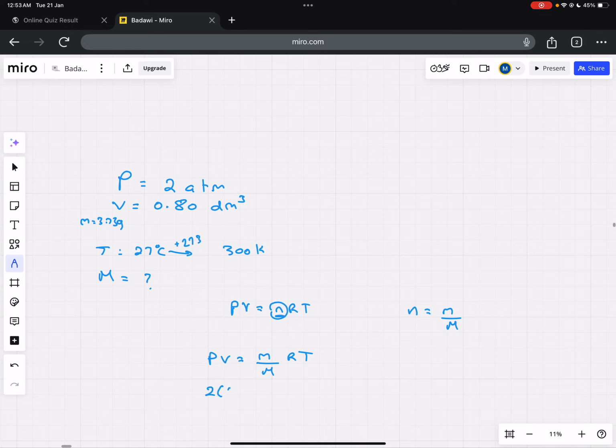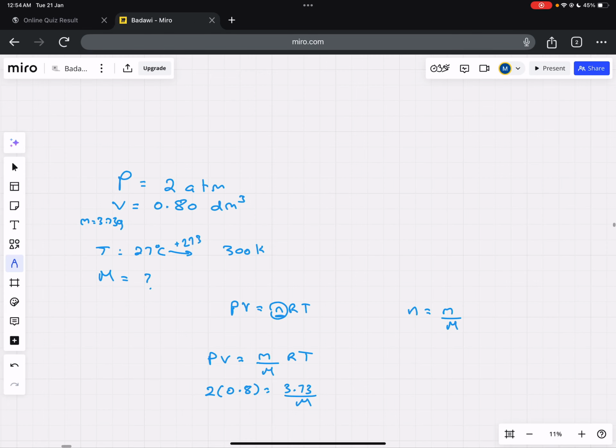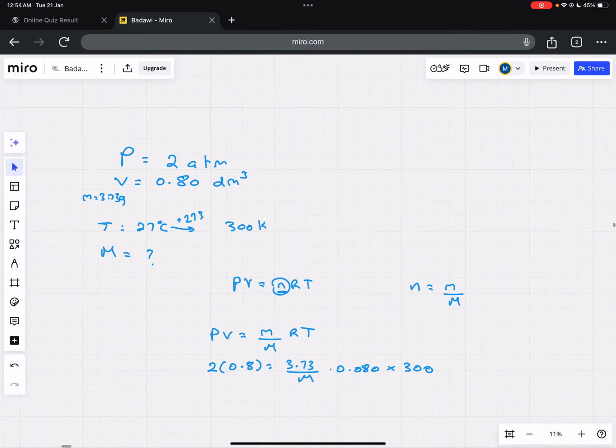So 2 times 0.8 equals 3.73 over M, times the constant 0.08, times 300. Why 300? Because temperature has to be in Kelvin.